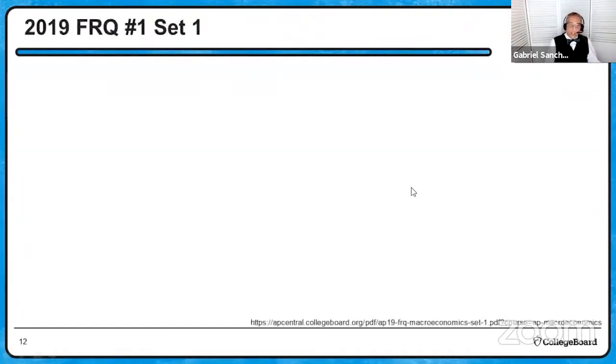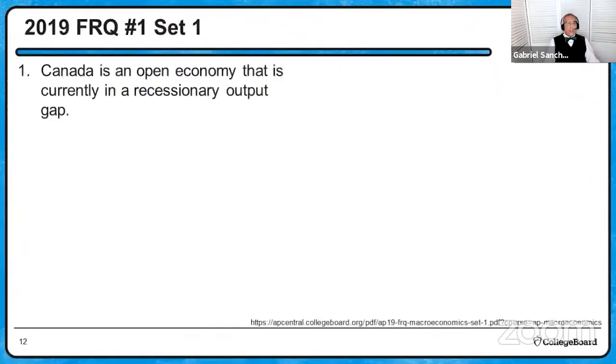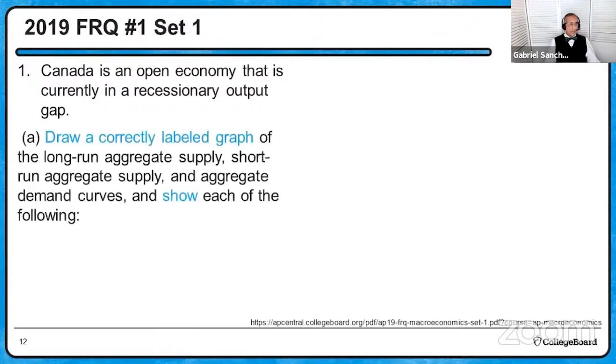All right, now we're not starting a complete question. Here I just wanted you to see a graphing start of a question. So now's the time, if you're going to be graphing along with me, make sure you have your pencil and paper or iPad or whatever you're using and start graphing along. Canada is an open economy that is currently in a recessionary output gap.